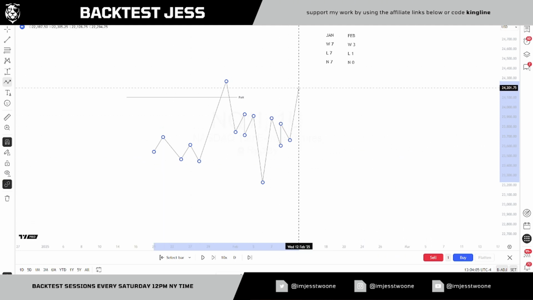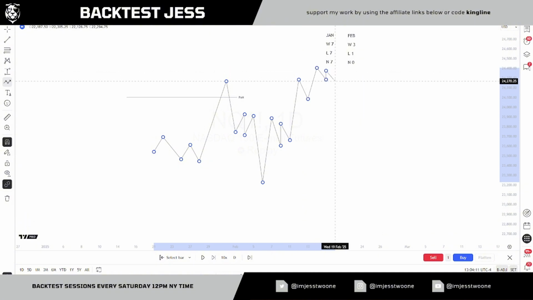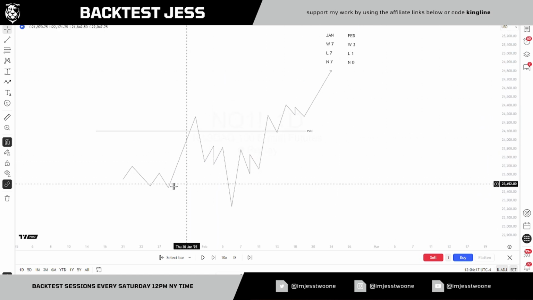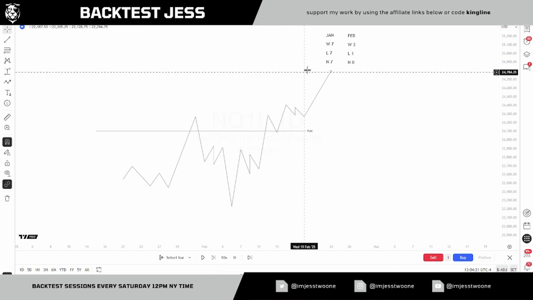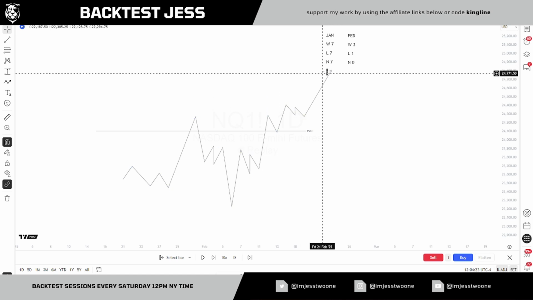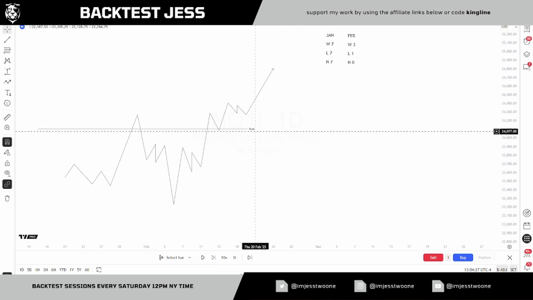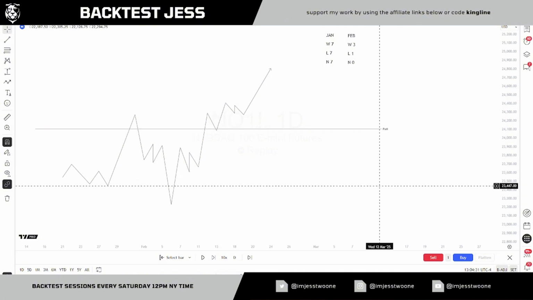I would wait until price trades back above previous day high, retests it, and then offers you continuation, so you can catch the meat on the bone. So we've opened, wicked lower, and now we are expanding higher before the close higher.